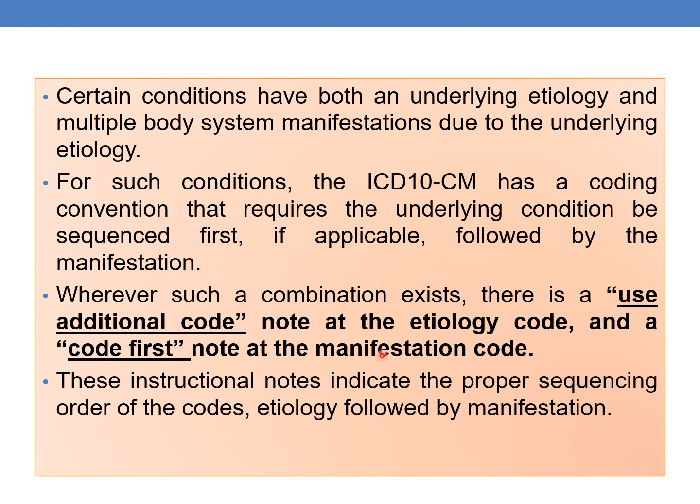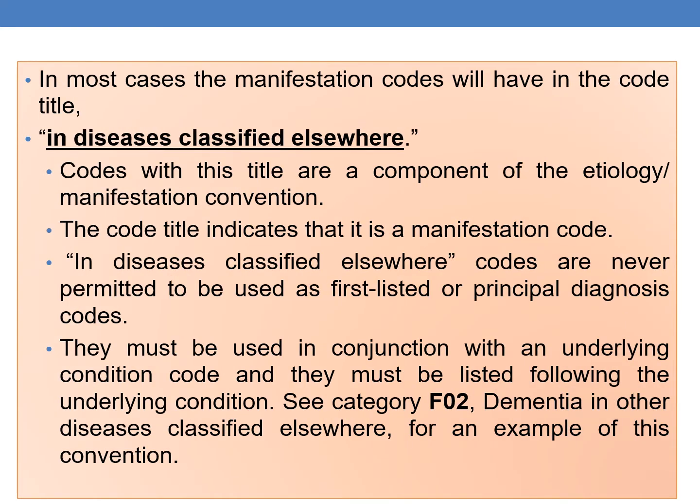And whenever such a combination exists, there is a use additional code note under the etiology code and a code first note at the manifestation. These instructional notes indicate the proper sequencing order of the codes, etiology followed by manifestation. In most cases, the manifestation codes have "in diseases classified elsewhere" in the code title itself.